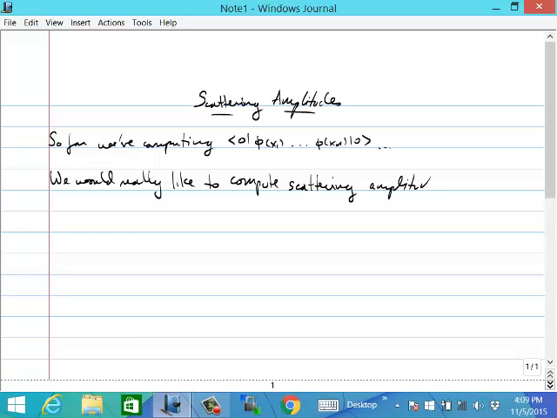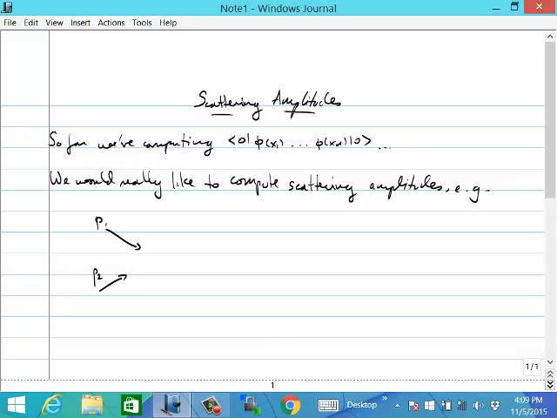So what do I mean by that? Well, let's imagine that you have some initial state where you have a bunch of particles. Let me just start by drawing a picture, actually. So let's imagine that you take a bunch of particles, say 2 particles here, one with momentum p1 and another with momentum p2.